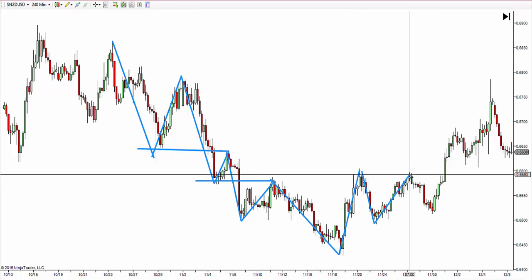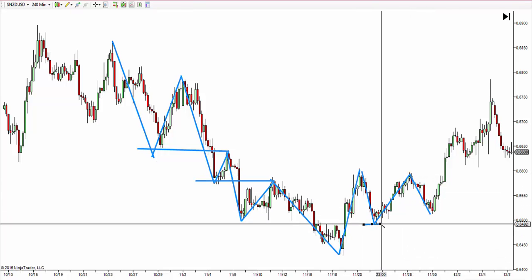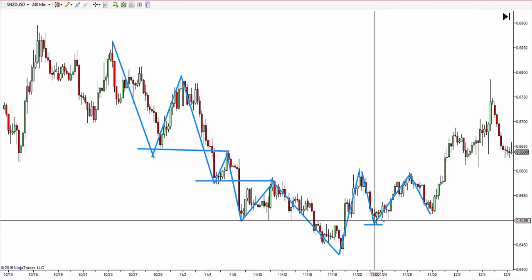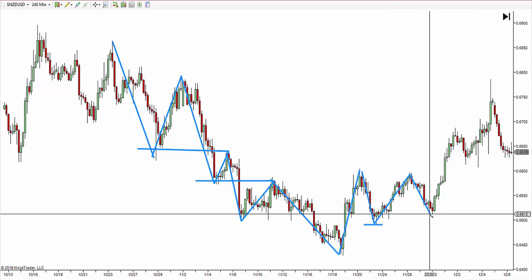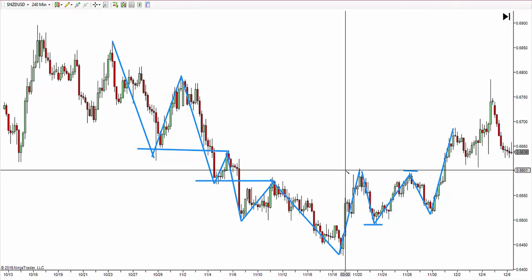We didn't get a high, so the market's just moving sideways here, a little bit unsure what it wants to do perhaps. And we moved back down again. We didn't make a new low or even attempt to test this level here. So we could be looking at a rotation here, a bullish rotation. And then finally the market moves up, breaks this level, which is aligned with this level, and so on.